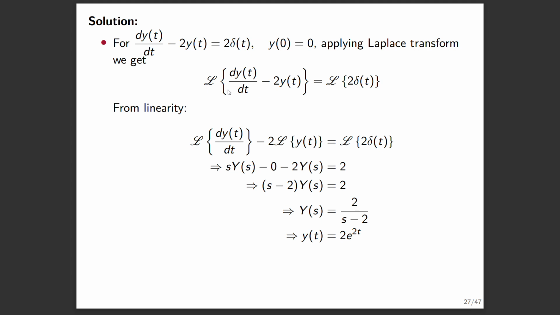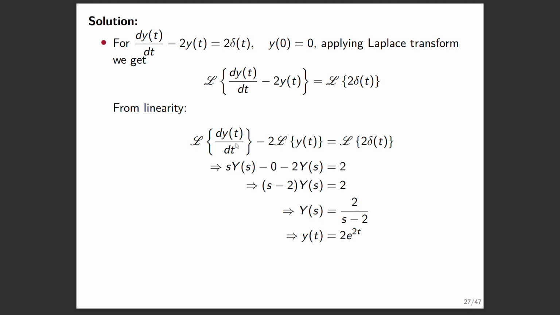So rather than taking the Laplace transformation of these two pieces added together or subtracted, I can just take the Laplace transformation of the first one, the Laplace transformation of the second one, and then add them or subtract them. Also, because of linearity, the Laplace transformation of negative 2y of t is equal to negative 2 times the Laplace transformation of y of t.